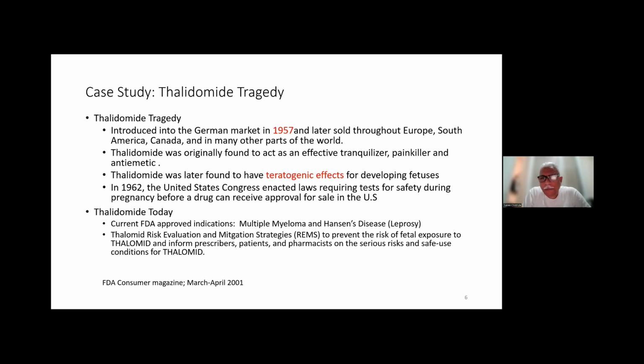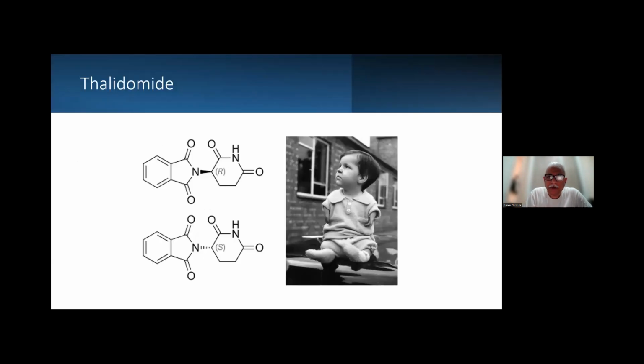Then in about 1957, the thalidomide story started unfolding, where children were being born to mothers with no extremities.